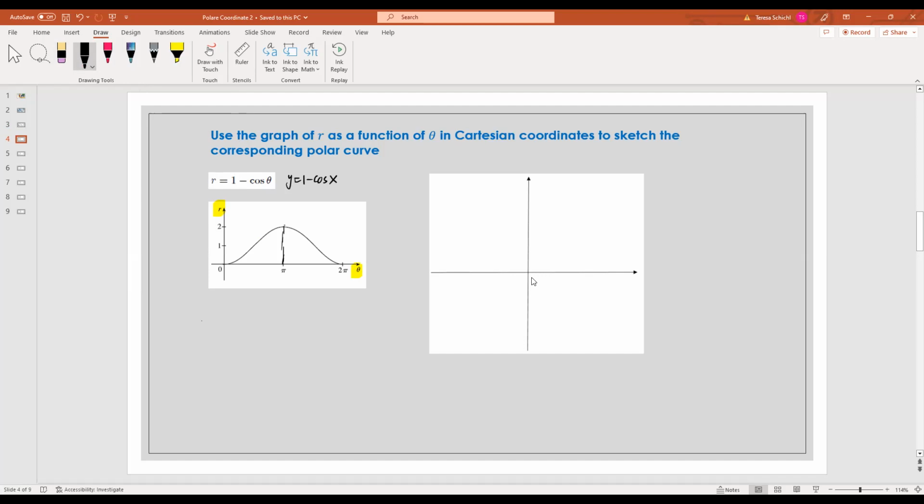So we start with a small value, very close to 0. Let's get a middle point, pi over 2. For pi over 2, the r here is 1, right?